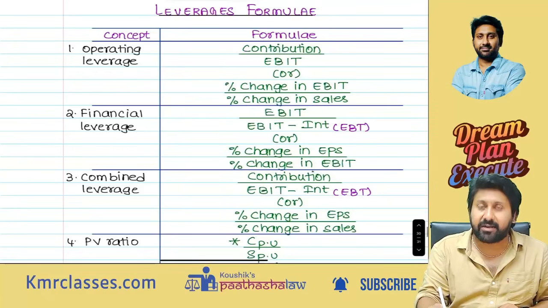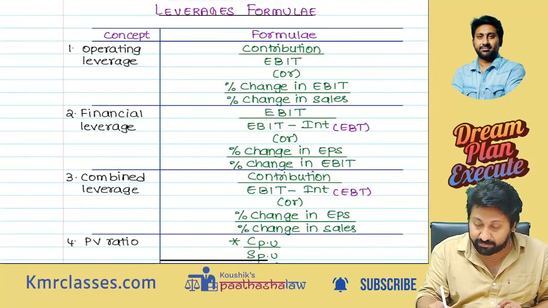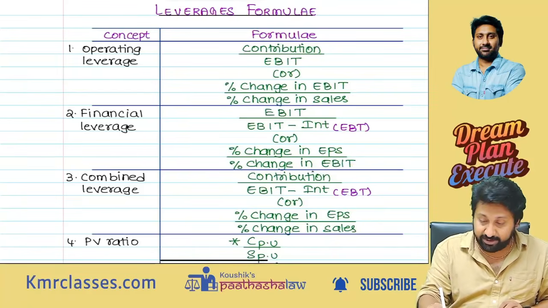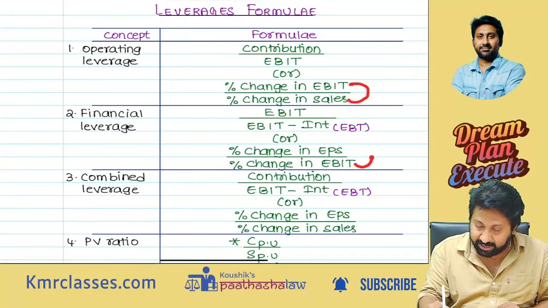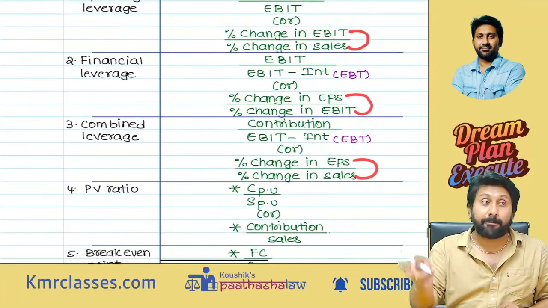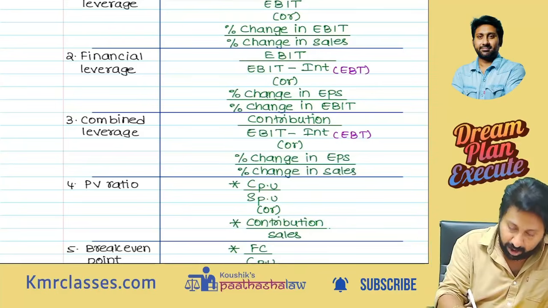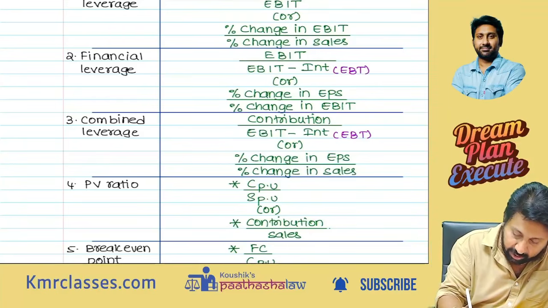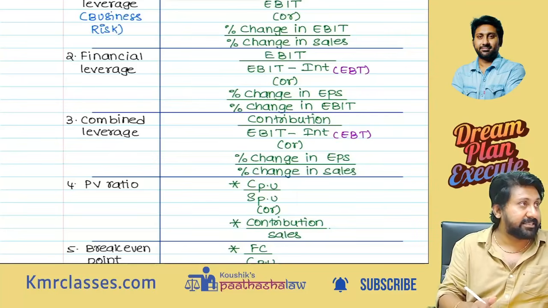So operating leverage talks about business. Financial leverage talks about financing cost. Sales to EBIT, operating expenses. EBIT to EPS, financing expenses. Sales to EPS, both operating and financing expenses. So operating leverage talks about business risk.